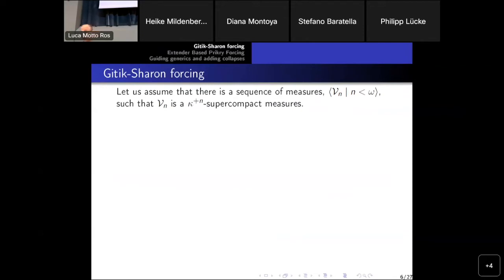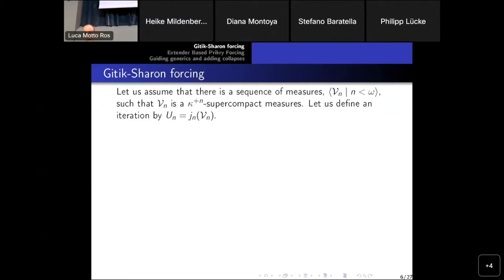Okay, so let's talk about the Gitik-Sharon forcing. Let's start with a sequence of measures. Each one of them, Un, is a kappa plus n supercompact measure. And we define an iteration. We first hit U0, which is simply a normal measure on kappa.